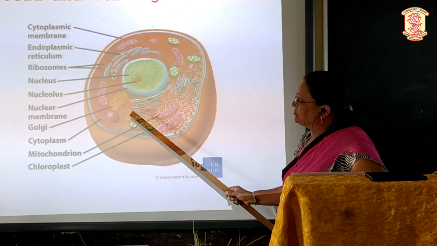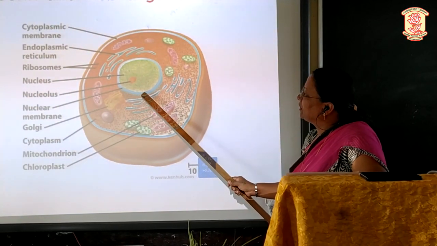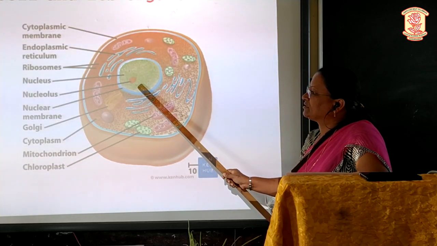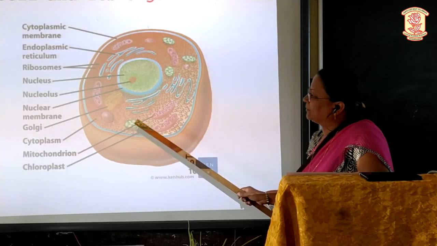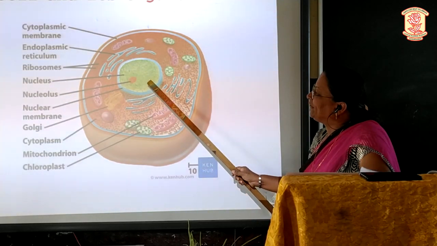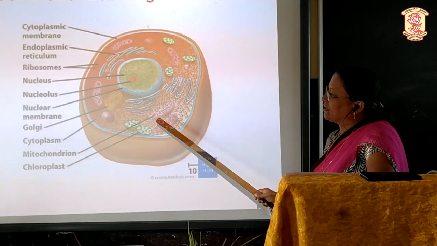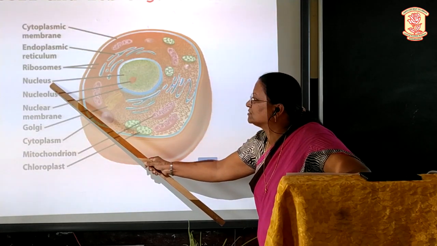the cytoplasm. Inside the cytoplasm, you can also see the centermost circular part, which is called the king or the dictator of the cell, who dictates terms to the different organelles. And this is none other than the nucleus.